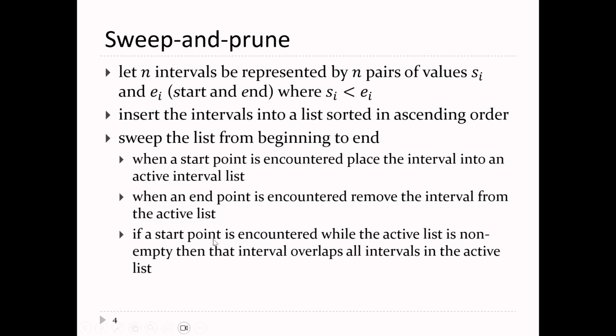If you find a start point for some interval and the active list is not empty, then you know that the interval whose starting point you just looked at overlaps with all the intervals in the active list. And so here's a picture of what's happening.